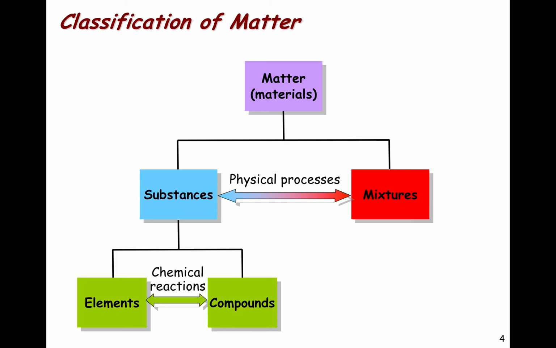If we have a pure substance, we can further categorize these as either elements or compounds. An element is a substance that has all the same type of atoms, whereas a compound on the atomic scale is where you have more than one element combined to form the unit. It is possible to interconvert these two types of materials.